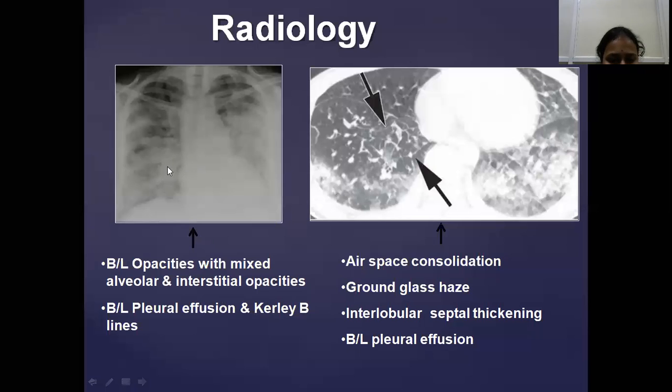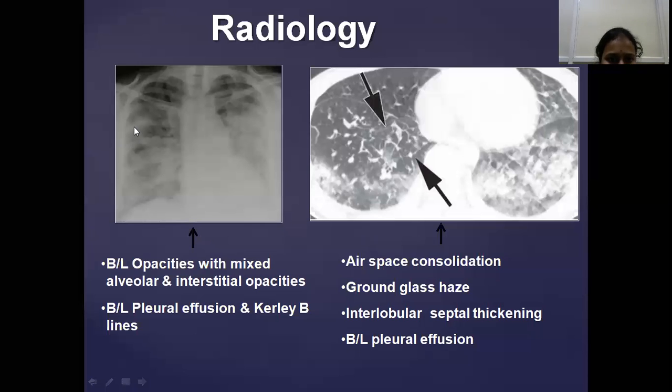This is a chest X-ray showing bilateral ground glass appearance. Bilateral opacities with mixed alveolar and interstitial opacities. Most commonly, an ARDS picture with minimal pleural effusion not clearly visible at the CP angle, Kerley B lines.